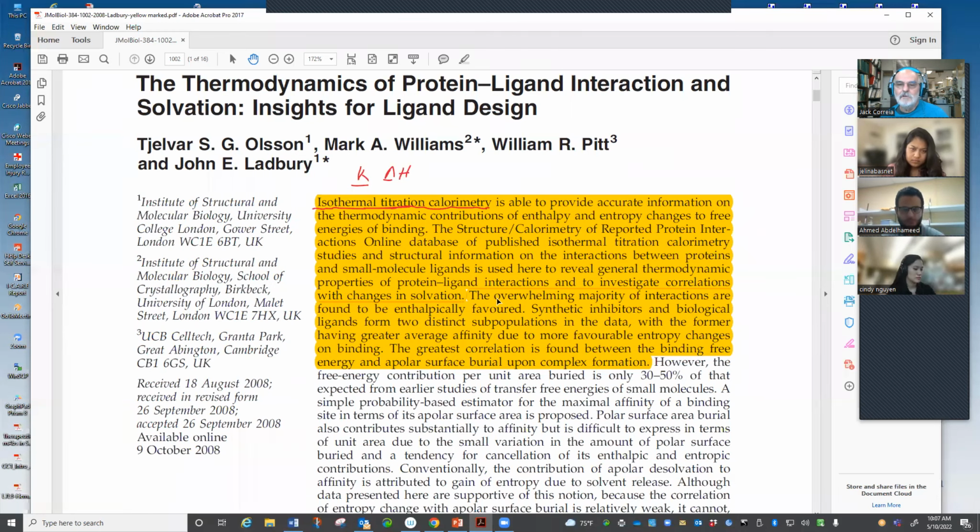The simple interpretation is that the overwhelming majority of interactions are dominated by favorable enthalpies. But if you break the data up into synthetic inhibitors and biological ligands, and what that means is compounds that have been synthesized in a lab for some purpose.